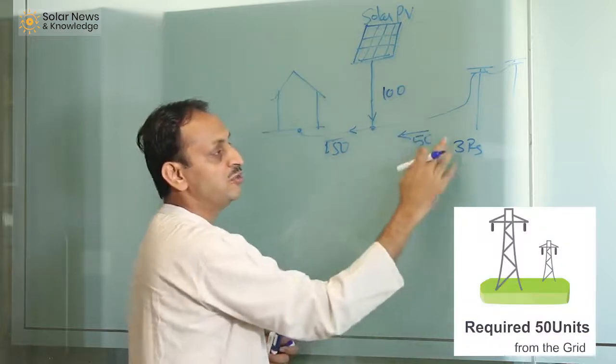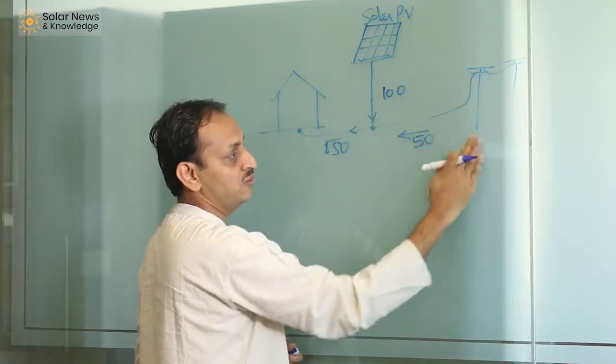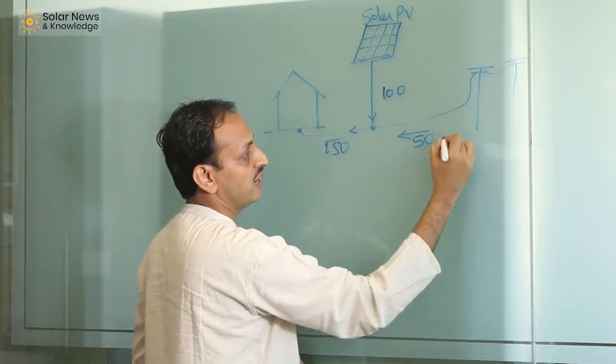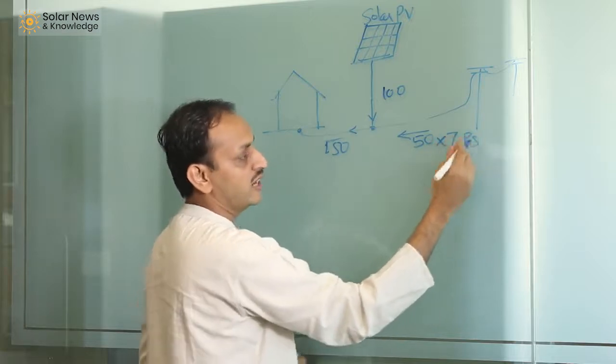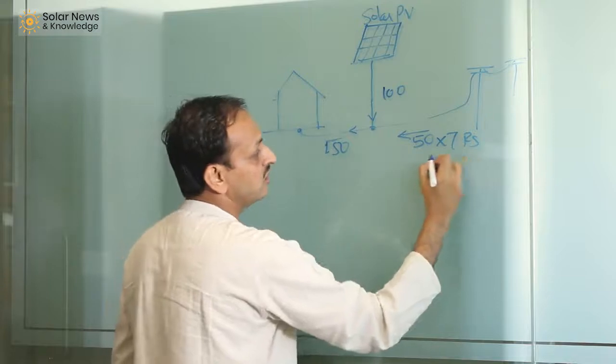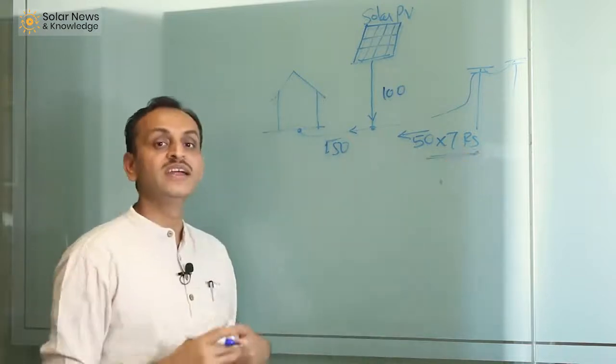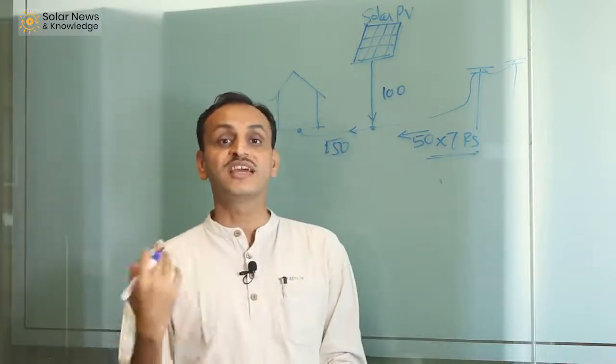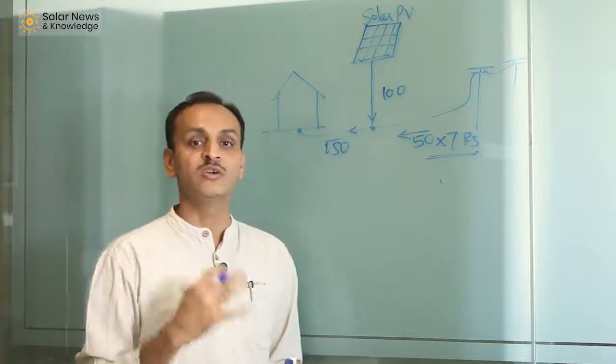Now these 50 units will not be charged at the 3 rupees rate at which you sold, but at 7 rupees or 10 rupees or 8 rupees depending on the category of consumer. So it is clear that you are getting electricity from the grid at a much higher rate, and when you are selling solar electricity to the grid, it is at a lower rate.